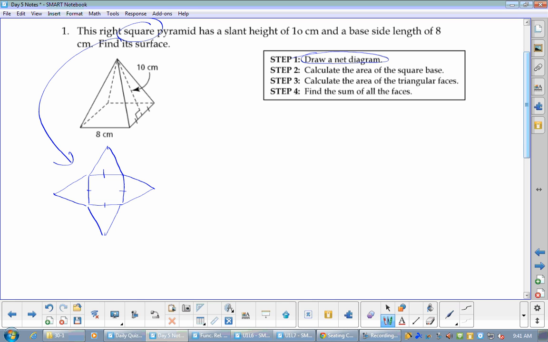So we have our base. Surface area is going to equal x squared plus 4 times 1/2 s times x, which is plus 2sx. Now, it's really important that you write down the formula first.